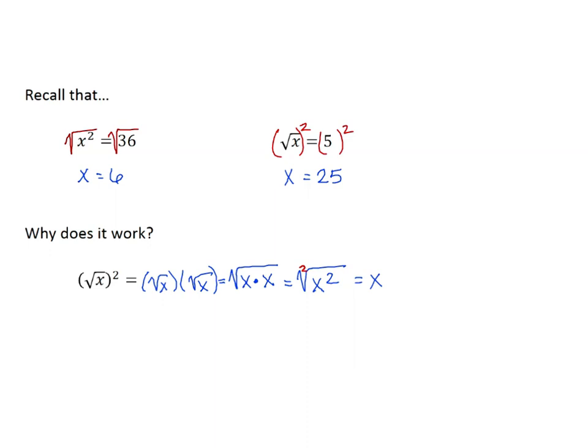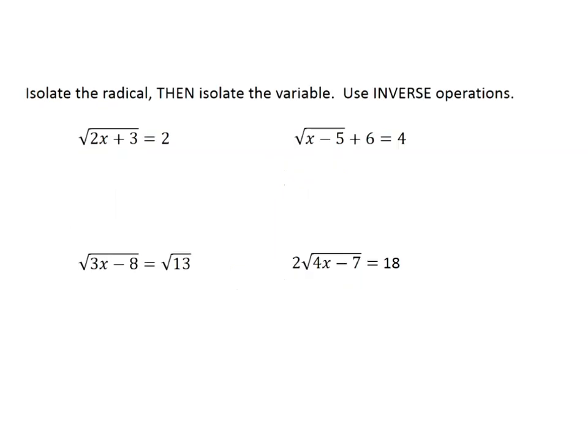All right, so let's take a look at a few of these. When we're solving radical equations, we have two main parts. The first part is to isolate the radical. Then after we have the radical isolated, we're going to continue to use inverse operations, and then we'll isolate the variable.